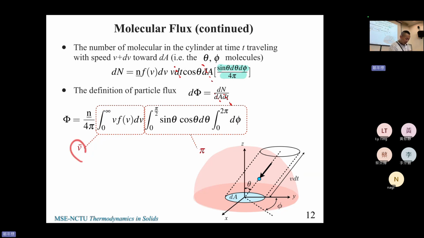Nice. We just get the definition, right? Expected value. And here is pi. Well, you can go back home to derive this. And then finally, we know that it equals 1/4 n bar v bar.